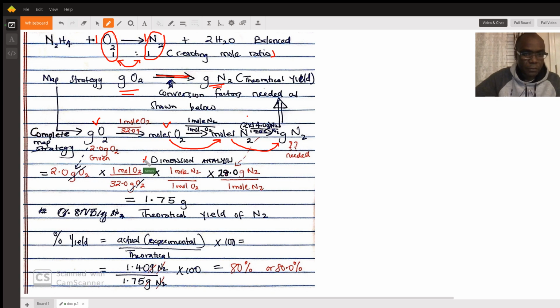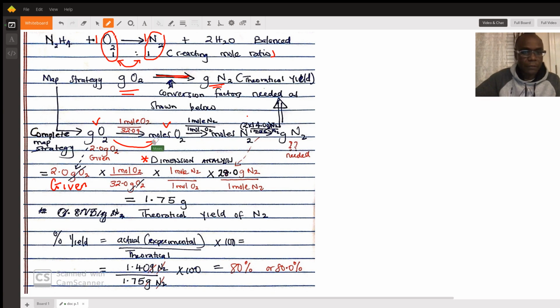Now let's look at the process. I'm going to use dimensional analysis with the conversion factors listed on the arrow, and I'll explain to you right now how to use them. So remember, you are provided the 2 grams of oxygen that reacted, right? You have to convert that to moles according to the map.